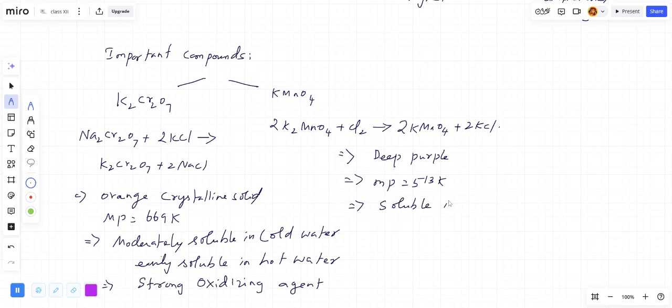Again, this is also a powerful oxidizing agent. So these are the properties.